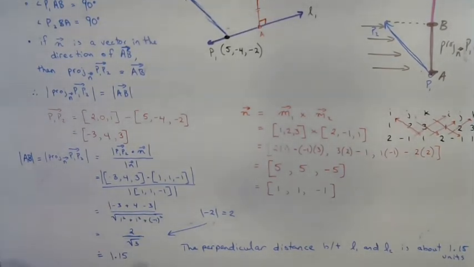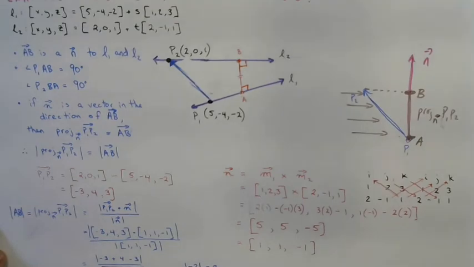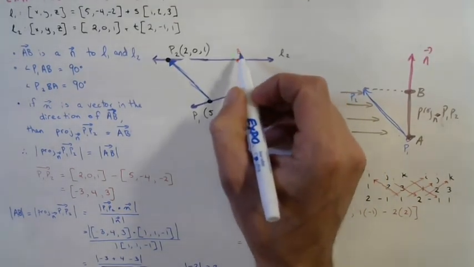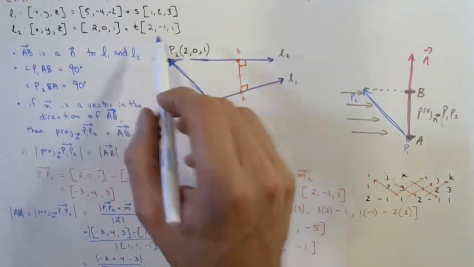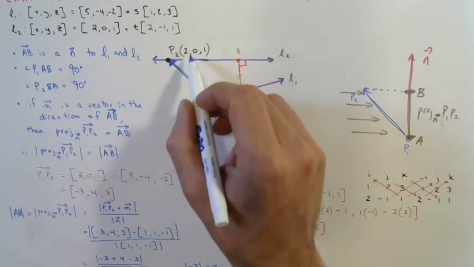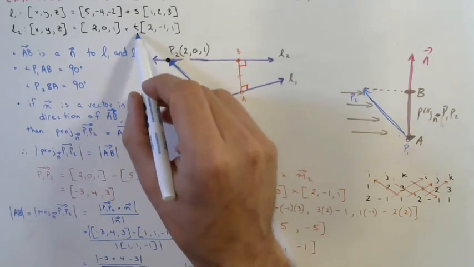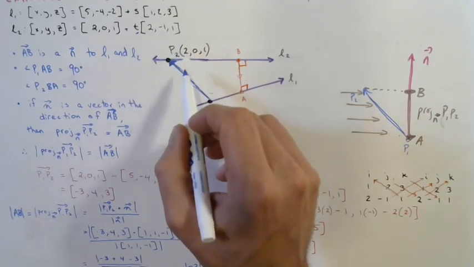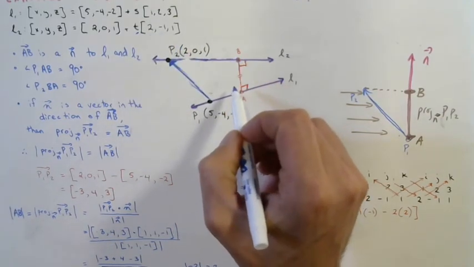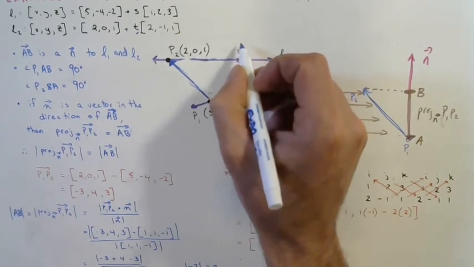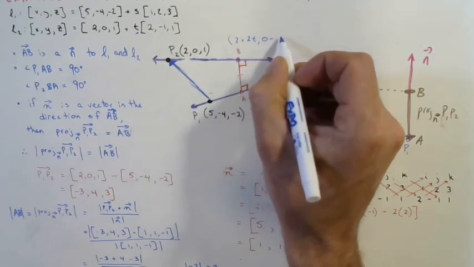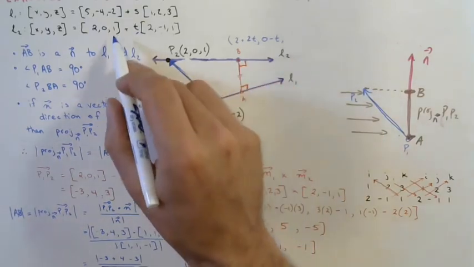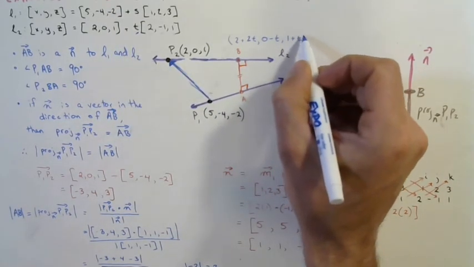There is another way to do this, okay? And the other way to do this would be, without going into a ton of detail, you could find the point B in terms of, it's on line 2, so it would be in terms of t. So the point B is basically if you started from 2, 0, 1, and you moved some multiple of 2, negative 1, 1, you'd eventually arrive at point B. So point B could be expressed as 2 plus 2t, comma 0 minus t, comma 1 plus t.